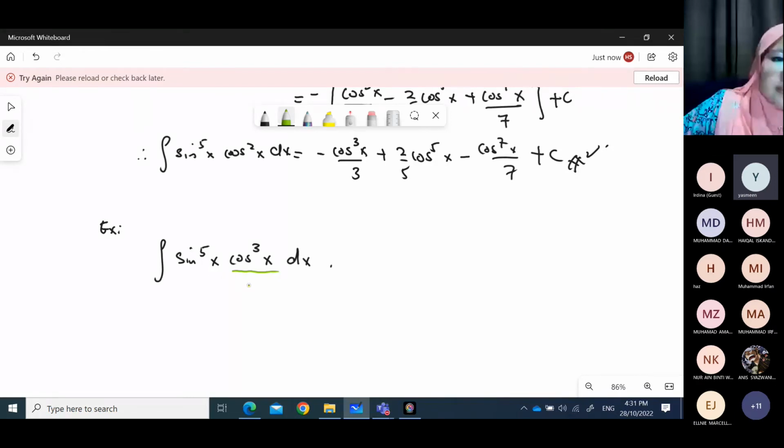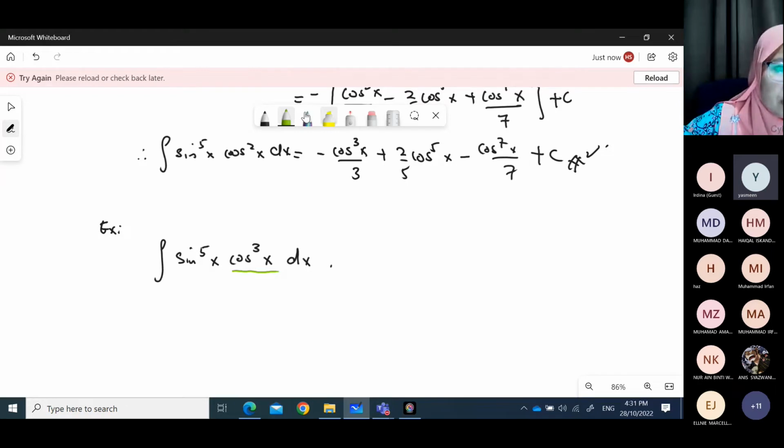Okay, so saya nak faktorkan bagi cosine. Kalau mana yang nak cuba faktorkan bagi sin pun boleh. Tak ada masalah sebab kedua-duanya you boleh faktorkan. Tapi dia memang you kena faktorkan salah satu. Tak boleh kedua-duanya. Kalau kedua-duanya dia akan jadi lebih kompleks.